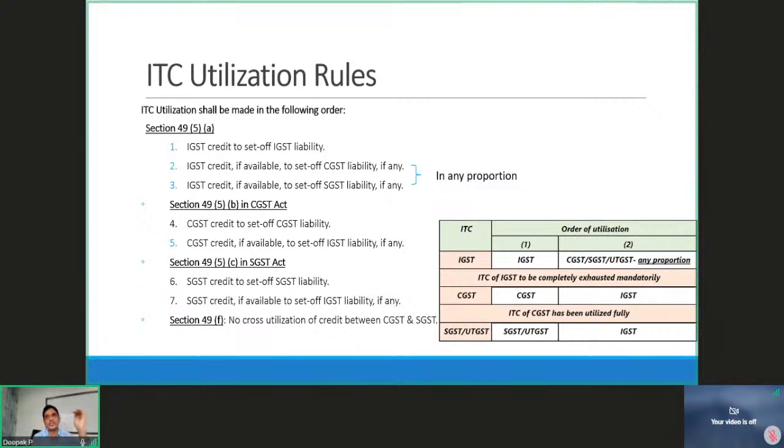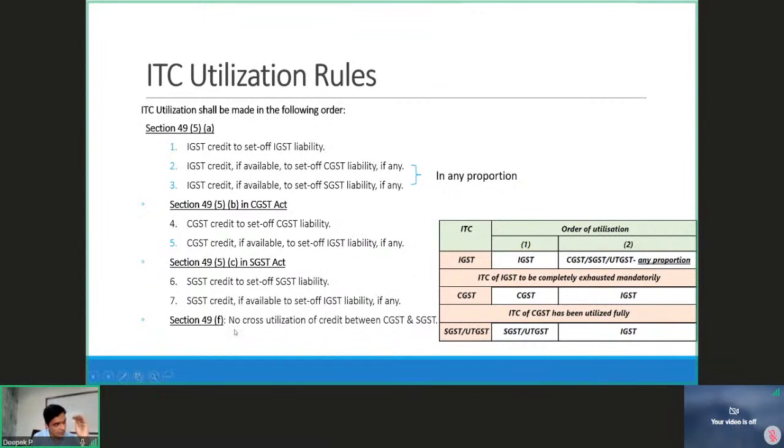You will utilize CGST for liability of the CGST itself. Then the CGST credit, if available, you will use it to offset IGST. We will understand this with a diagram, but understand that CGST credit will be utilized for CGST. Then if anything is still left out, you can utilize it for payment of IGST tax liability.